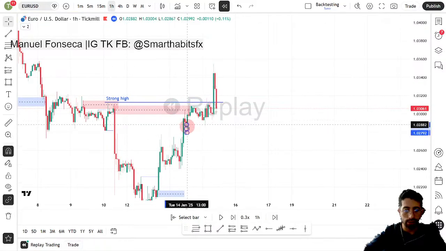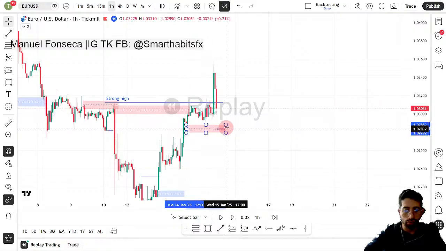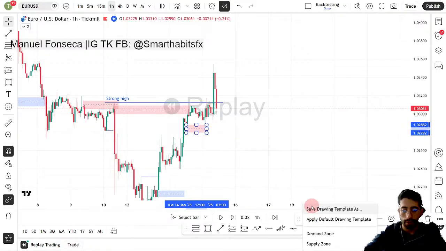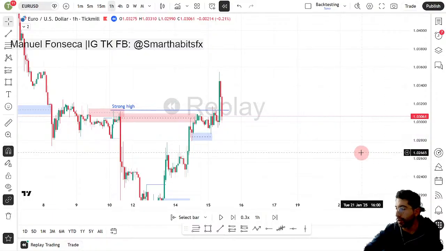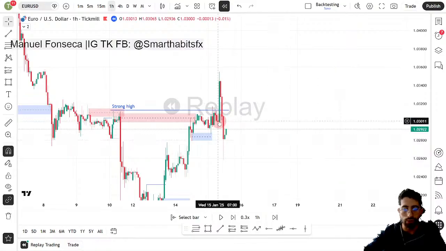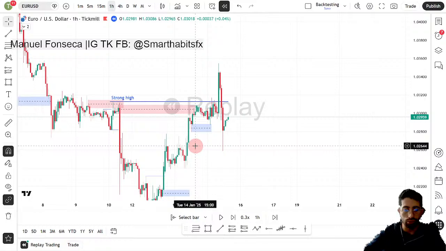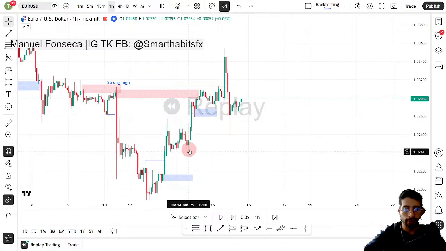There is a demand zone. Right. And now, let's see what happens here. Okay, it took us out. Still, we're bullish, right?